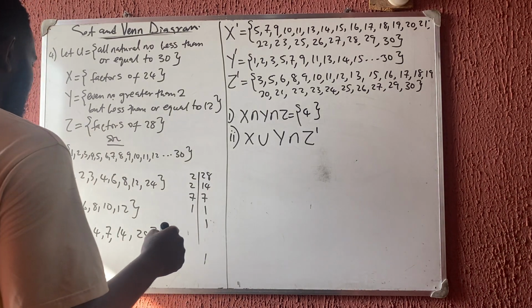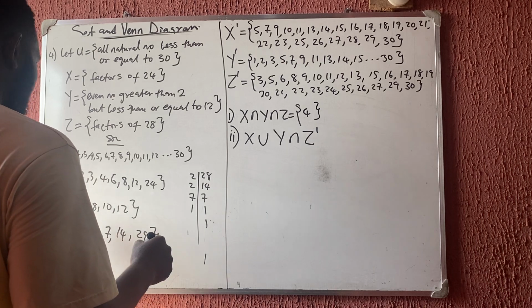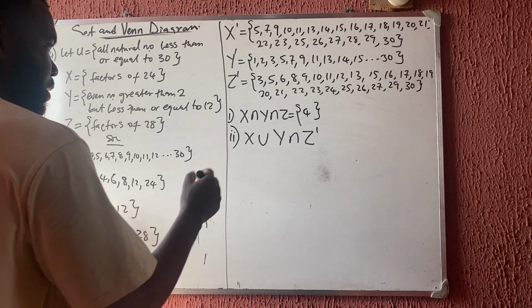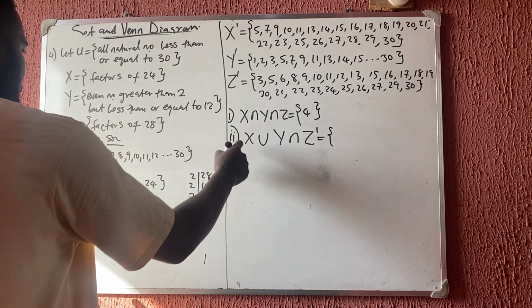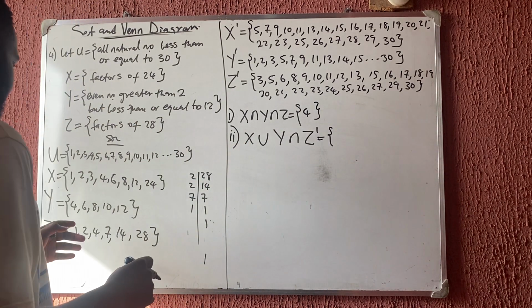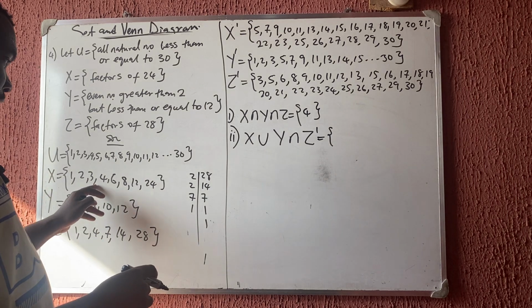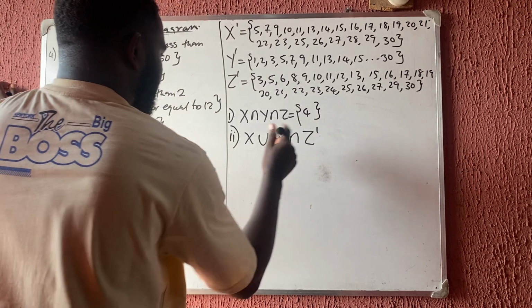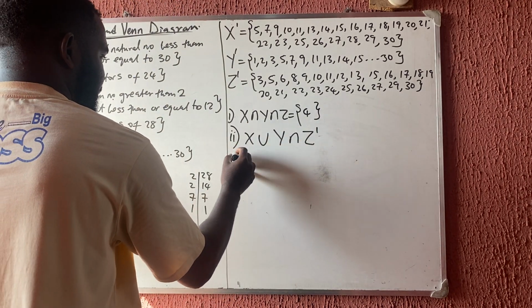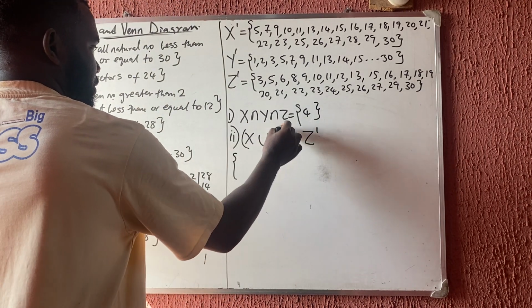Now x union y is to bring x and y together. So x and y together is x union y. Let me just do it gradually.